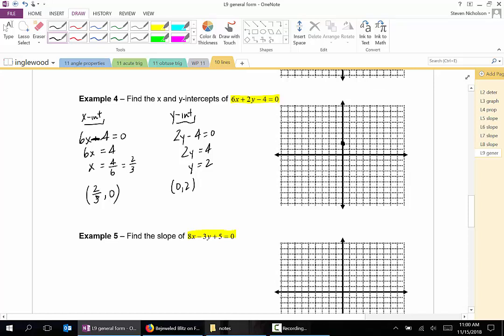So in order to graph this, I'm not going to go ahead and graph this one because it'll take a few seconds, but in order to graph this one, all you'd have to do is put it in y equals form. Then you could figure out the slope, and then you could plot another point, and the other point actually will be this one right here, 1 comma negative 1.